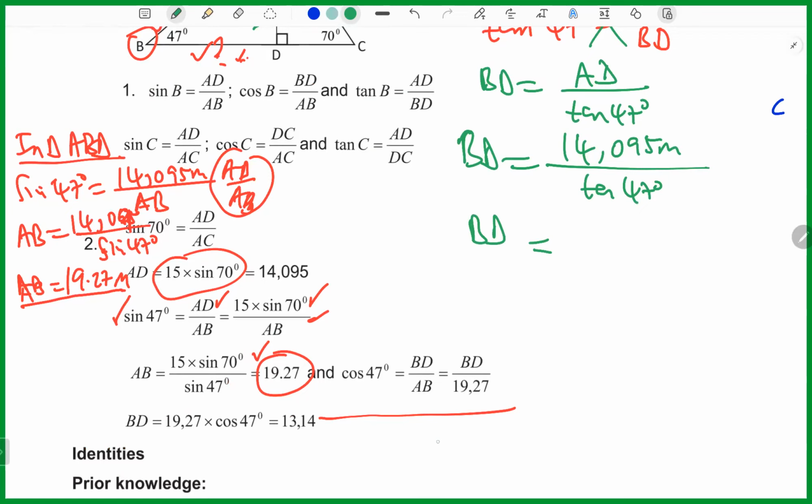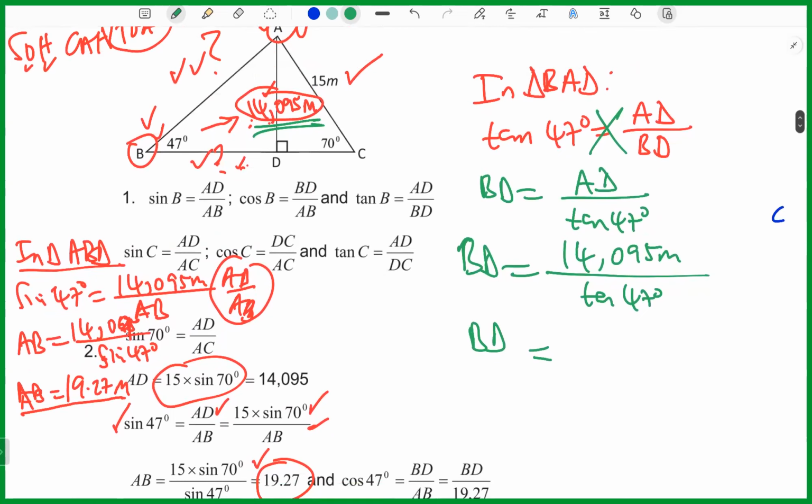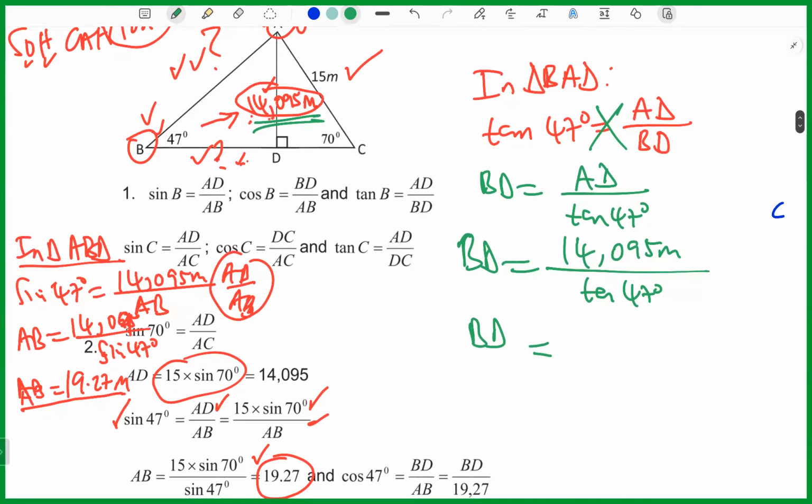If you do that very carefully, it will become something very interesting. As I said already, another way to do that would be to use the cosine of 47 degrees.